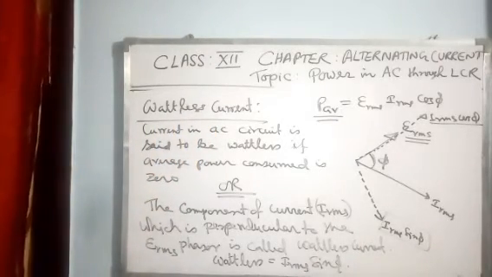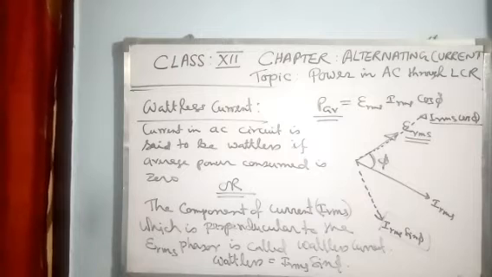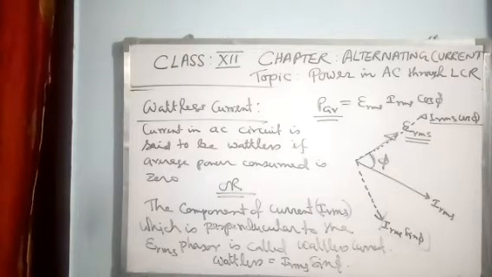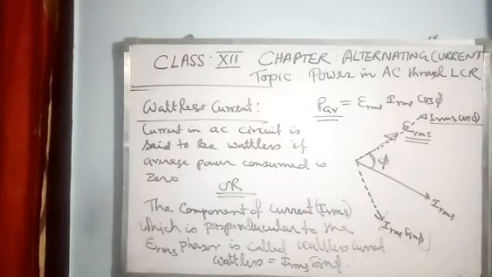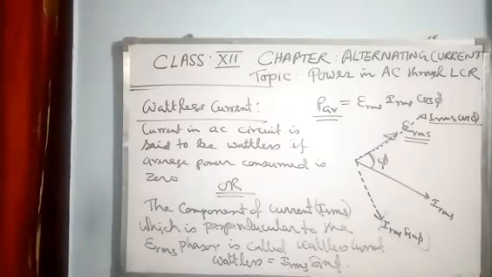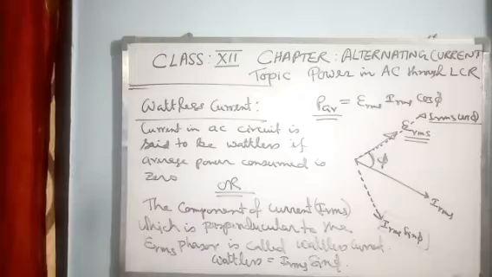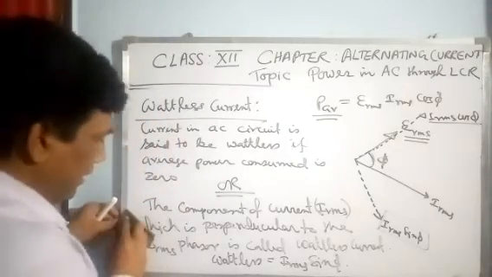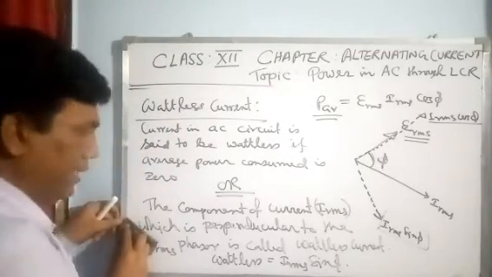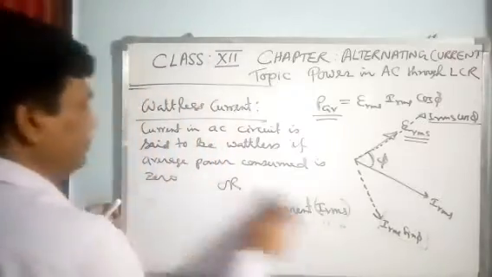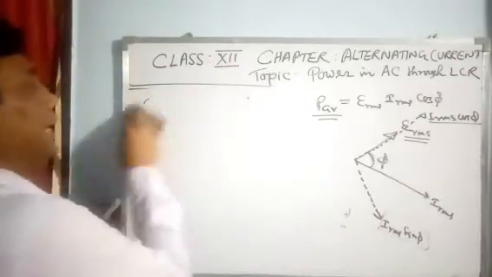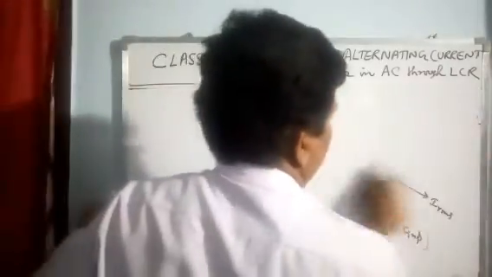Are you getting my point? The component of that current which is perpendicular to ERMS is called wattless current. Okay guys, whatever we have discussed now is actually for the L, C, R in series circuit.